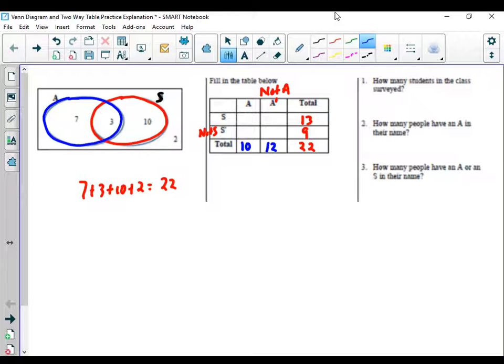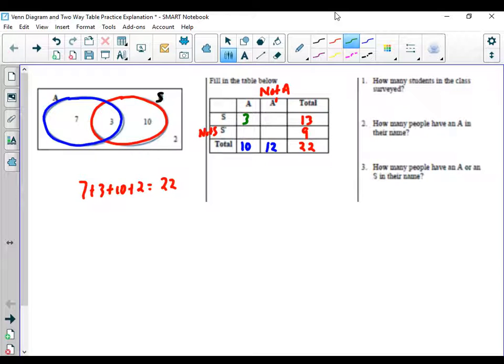When I made those two circles, the red circle and the blue circle, they overlapped in the middle, and that was 3 people. So there were 3 people who have an A and an S in their name. Where that overlapped, the S and the A would be 3.